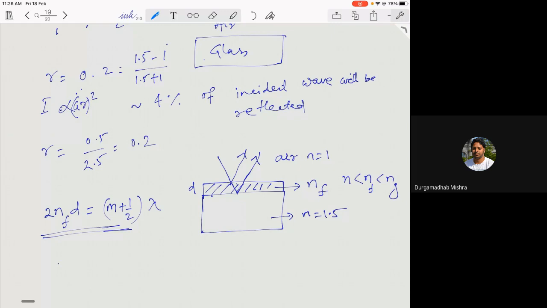The thinnest film I can have is with m equal to 0. In that case, the thickness I would expect is lambda by 4 nf.